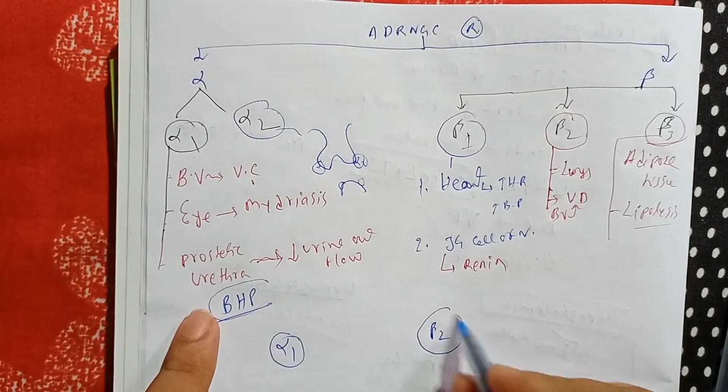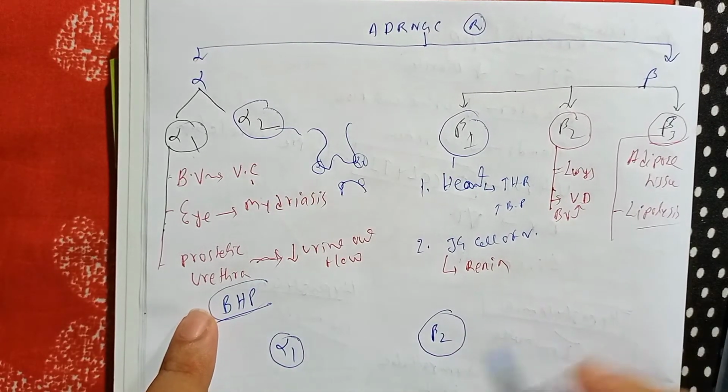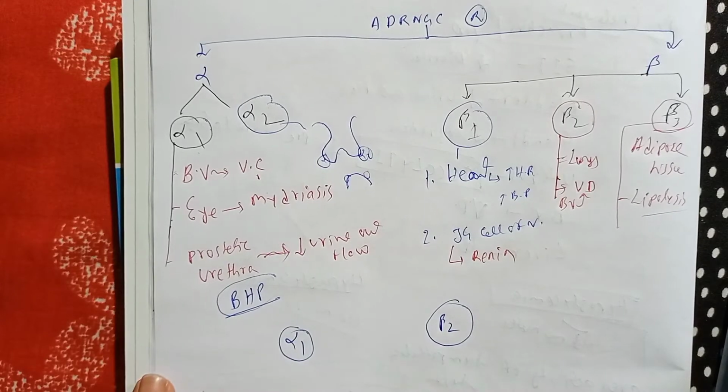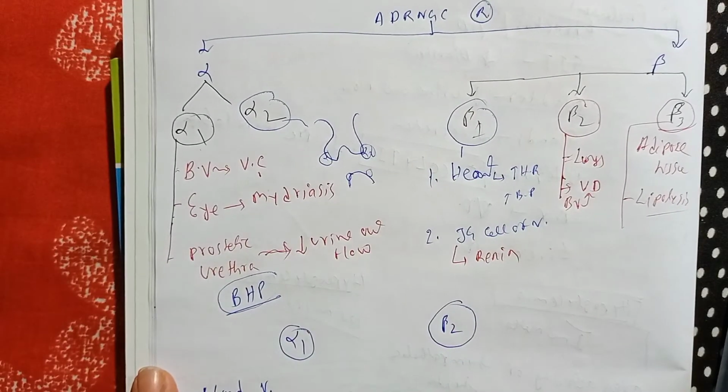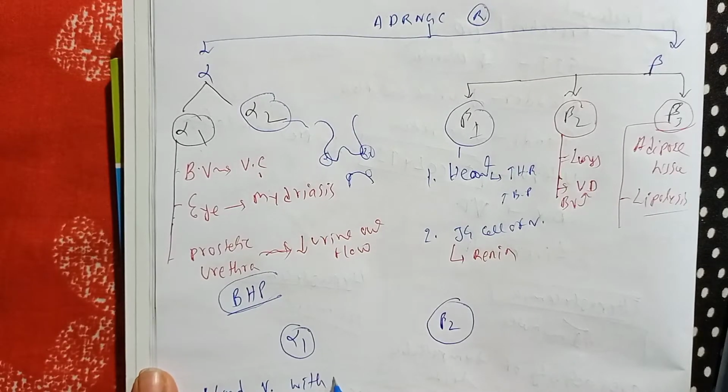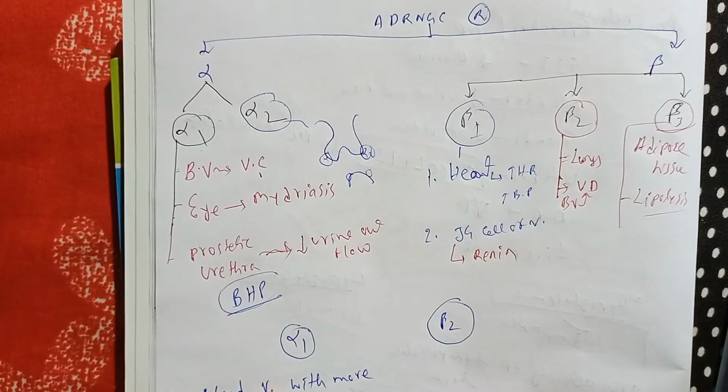The blood vessels with more alpha 1 will ultimately do what? They will just do the vasoconstriction.